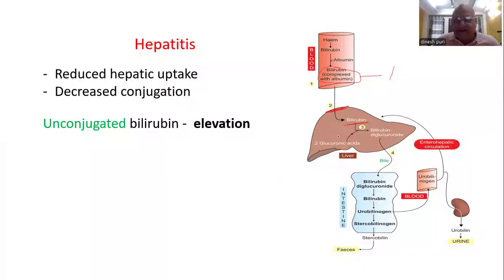So the diseased liver cell cannot properly carry out step 3, that is conjugation to form conjugated bilirubin. So gradually the concentration of bilirubin diglucuronide will build up, it will increase. And after a certain time, the conjugated bilirubin will leak out into the circulation.